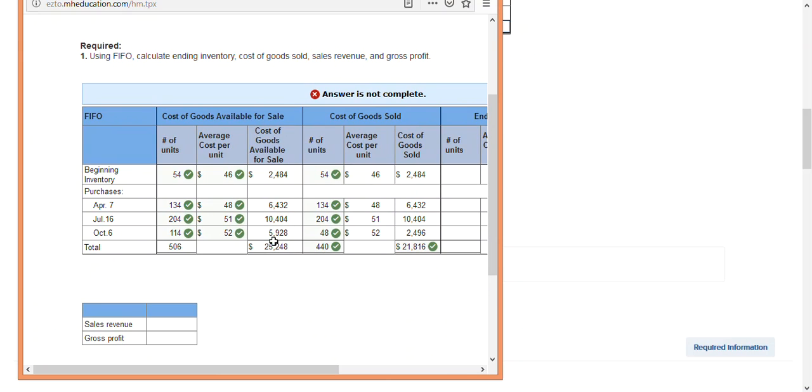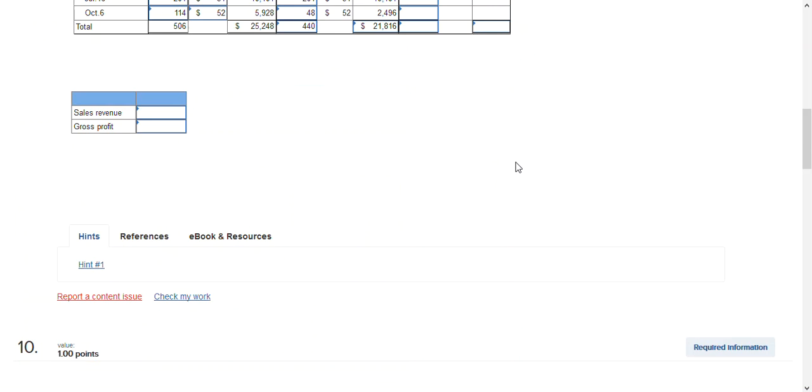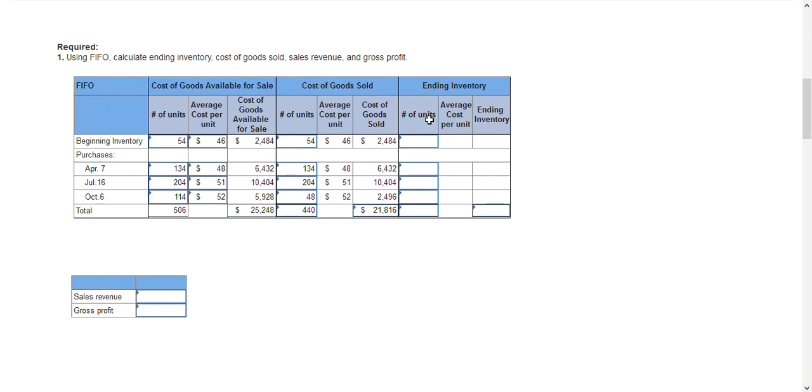All right, so that's what I've got so far. In our ending inventory, we're just going to put what's left. In the first layer, we had 54, we sold 54, we now have 0. On the April 7th purchase, we had 134, sold 134, so we have 0. On the next line, we had 204, sold 204, so we've got 0 left.